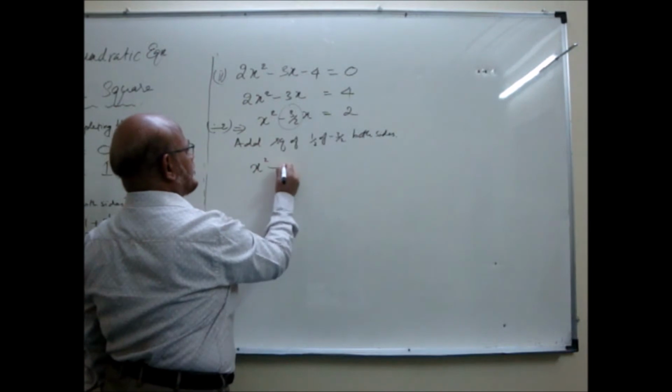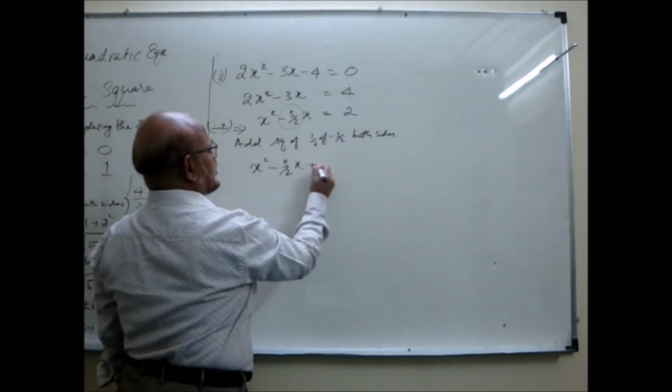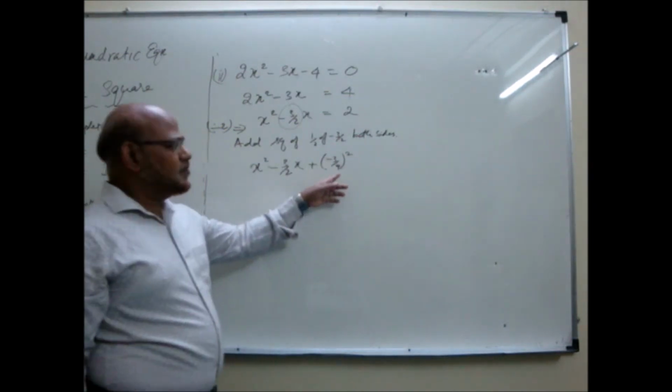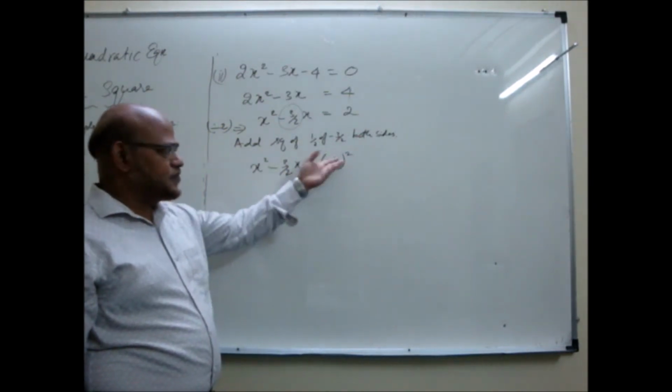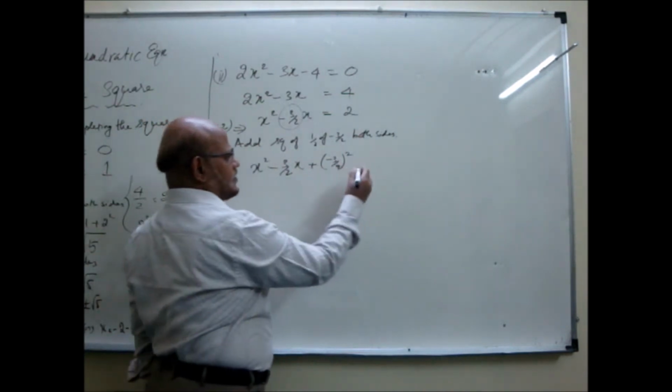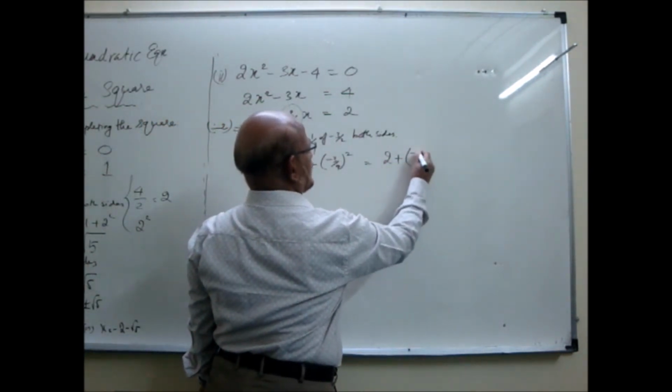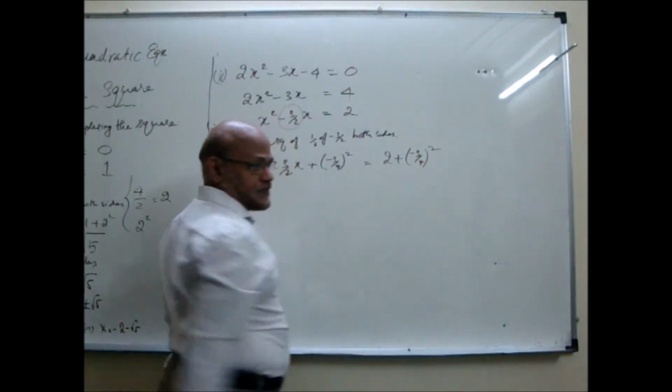So x square minus 3 by 2x plus minus 3 by 4 whole square. It is becoming plus 3 by 4 also. If we take the square, it is going to be positive, but still we add. So the other side also I add the square of it.